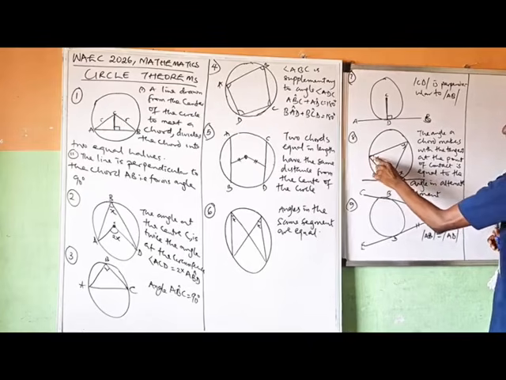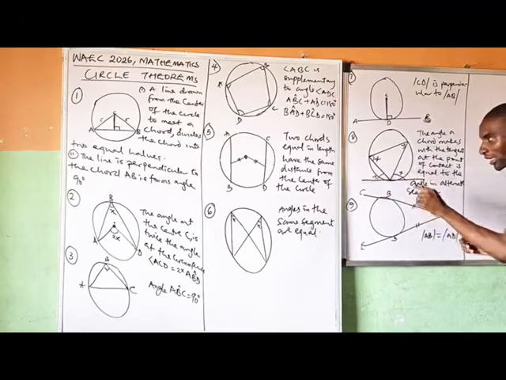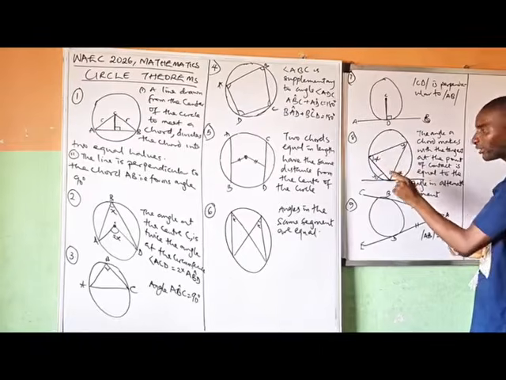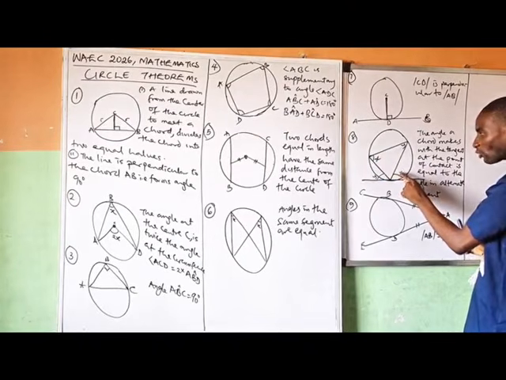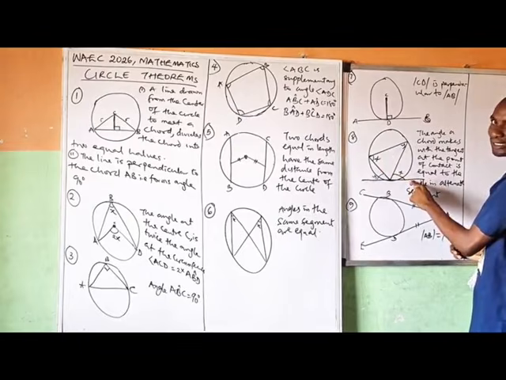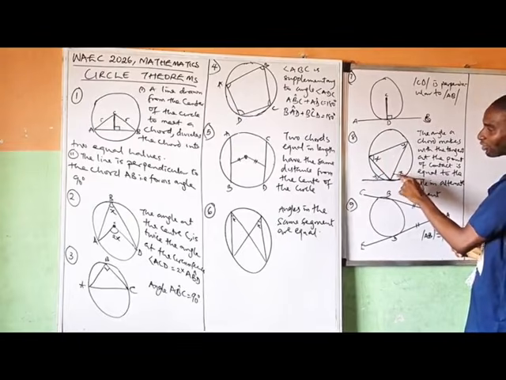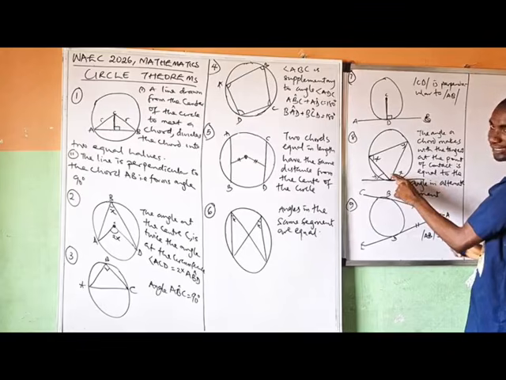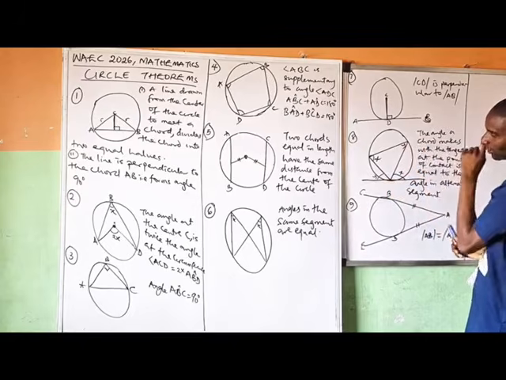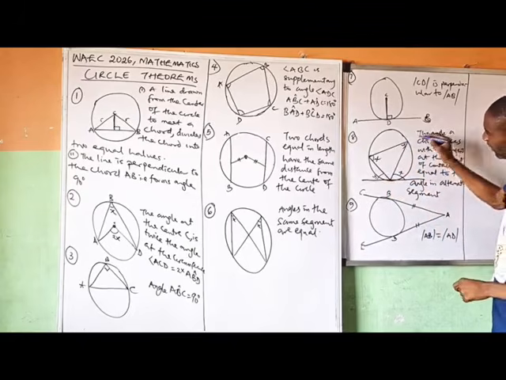Please take note, this angle is within the triangle, while this one is outside the triangle connecting to the tangent. The one outside here is also equal to y that you have here.